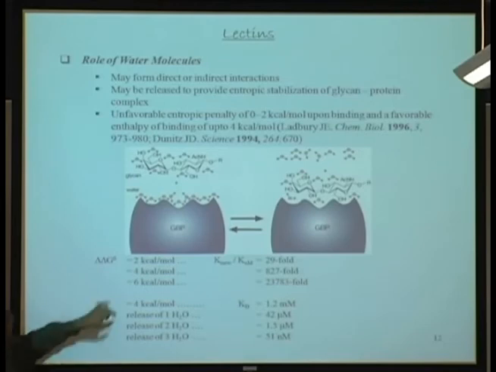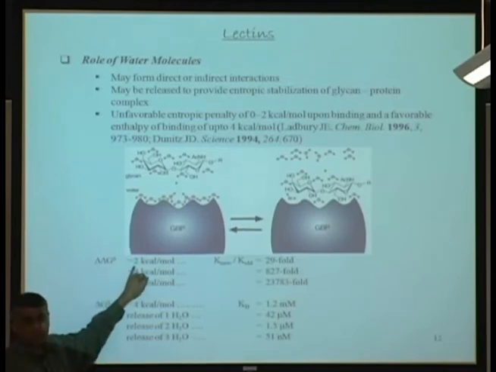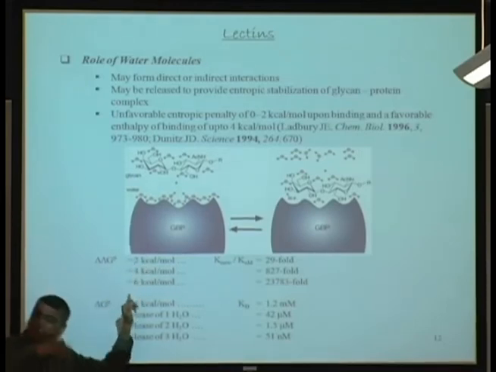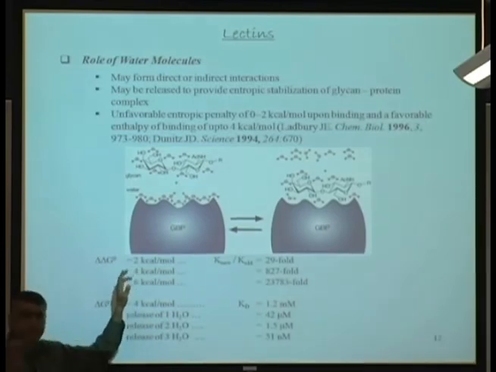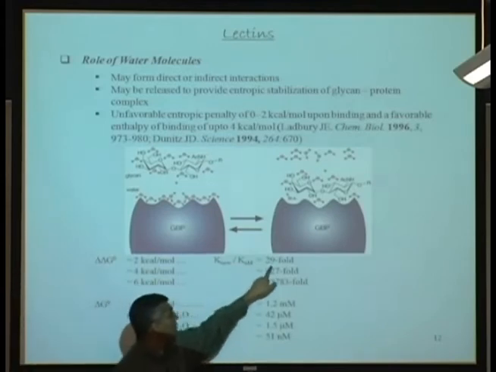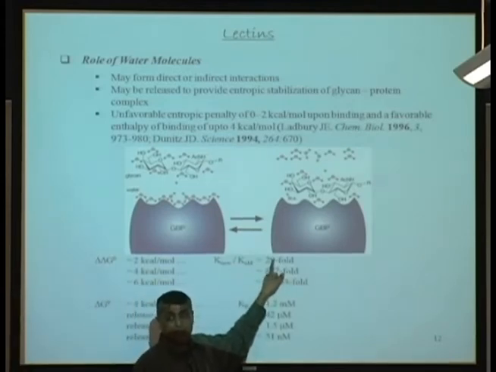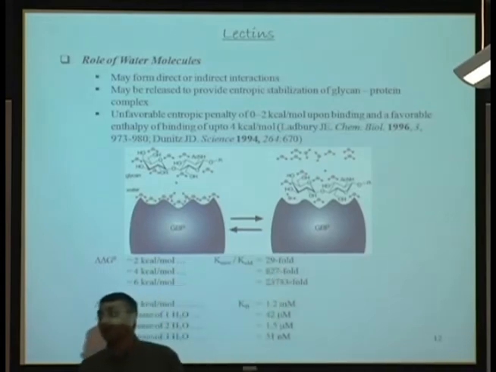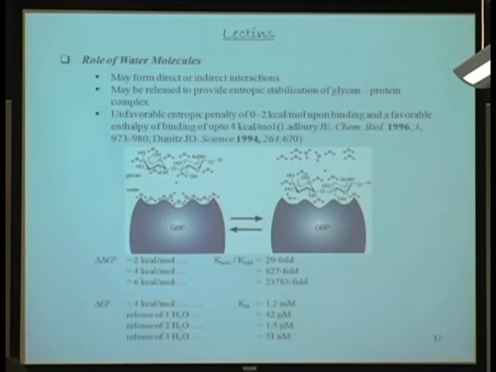So if delta delta G0 is approximately 2 kilocalories per mole, a small hydrogen bond like character, 1 net, not necessarily just 1, then you will see an increase or decrease in affinity, depending on whether it's formed or not, of approximately 30-fold. That's a 30-fold change.